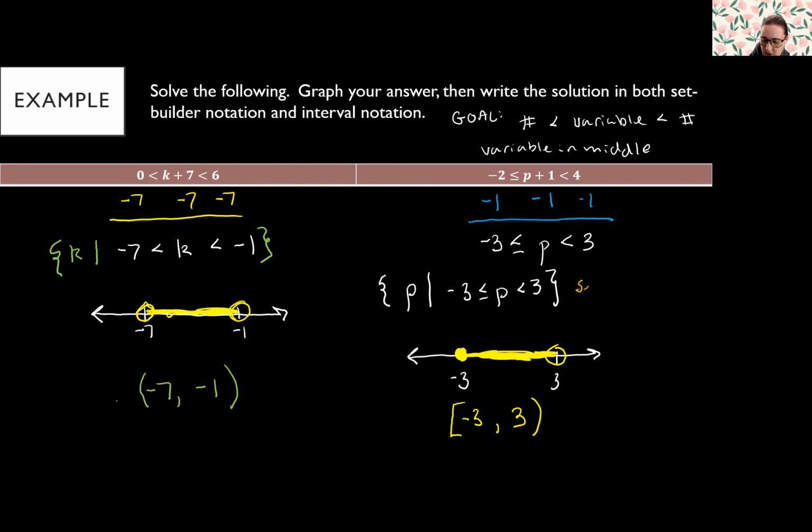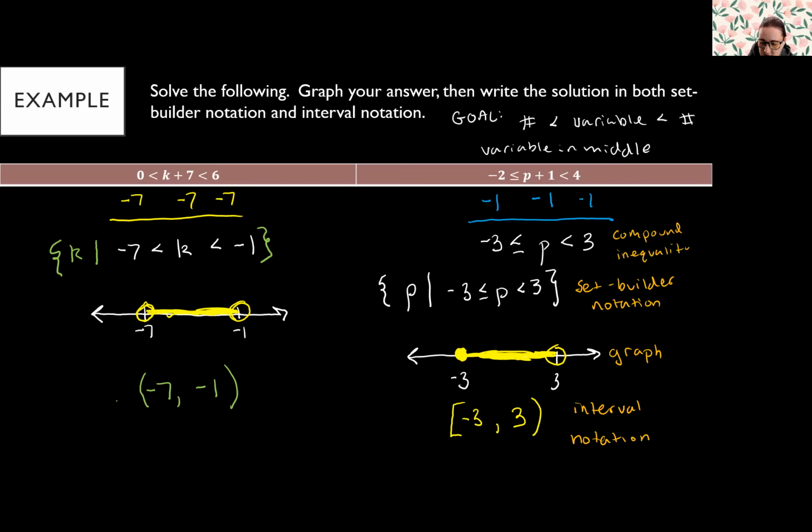So here we've got our set builder notation. We have our graph. And then we have our interval notation. Now, normally you don't have to write all of this. Depending on what the question is asking for, if it just says solve, you can give your inequality, your compound inequality, which is your answer.